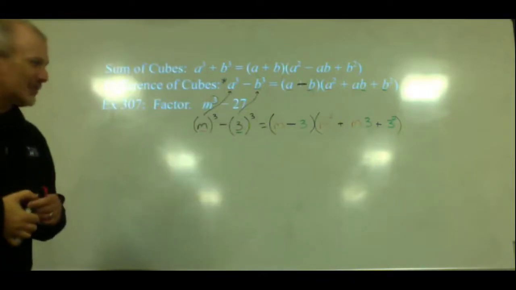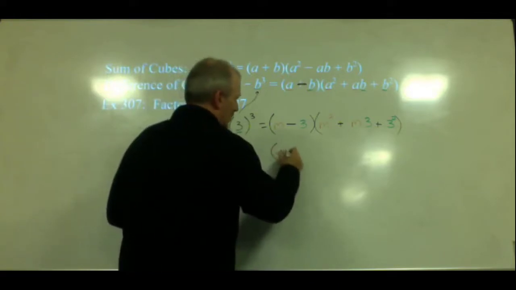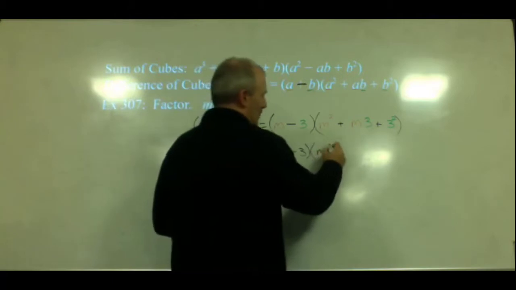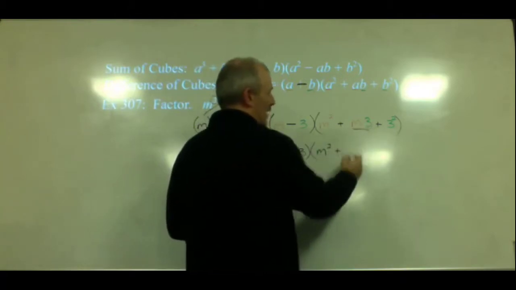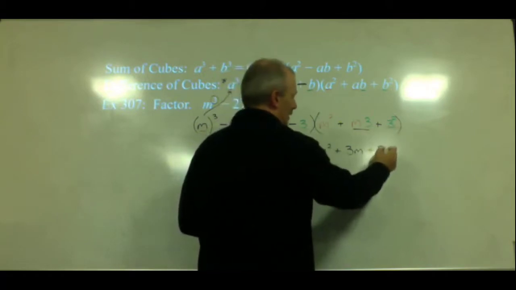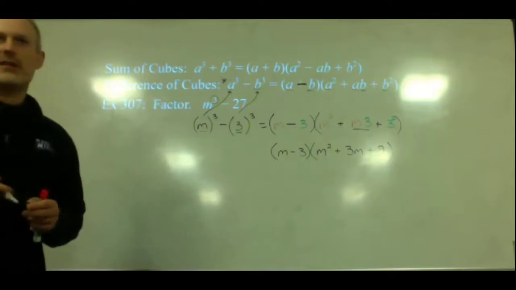Okay, now we do want to simplify a little bit. So this first part, we never have to do anything. We just write down m minus 3. This m squared, that's fine. Plus, here we would write 3m, and here we would write 9. And so that's how that one factors.